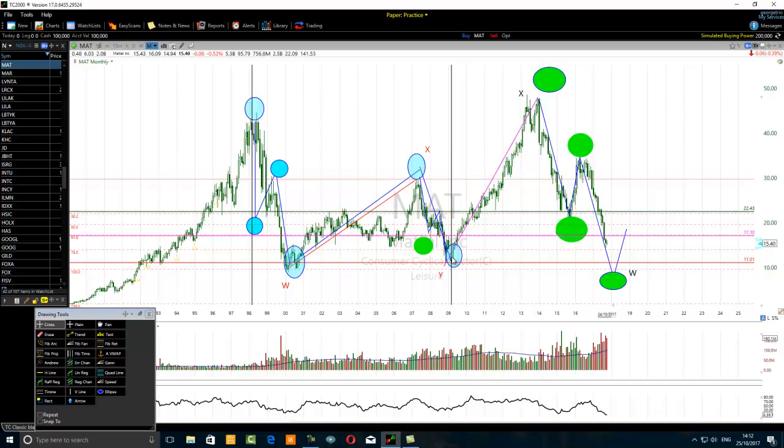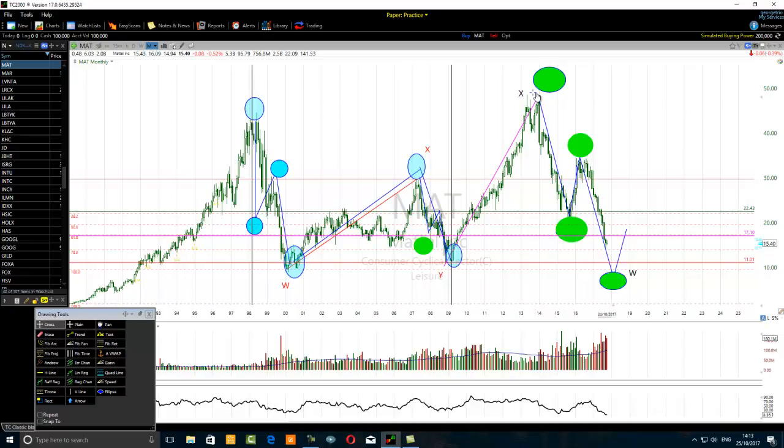And just when you see a double bottom or a double top on the monthly chart, use a top-down trading method to trade it. So even if you don't know about the WXY pattern, you are likely to catch this move because you will be trading what at this point in time? A double bottom chart pattern on a monthly chart. And here you will be trading a double top. Here it is, a top and another top where another X is completed.